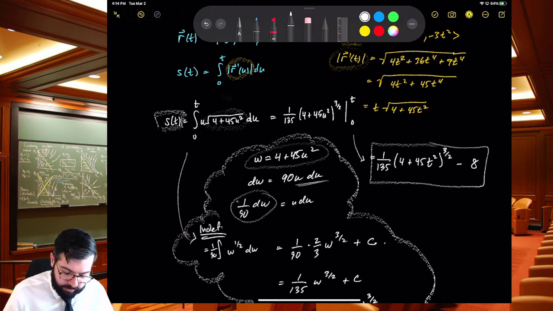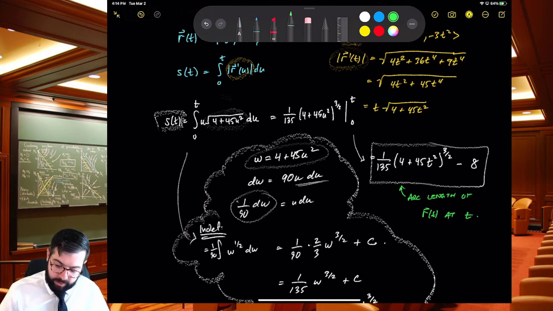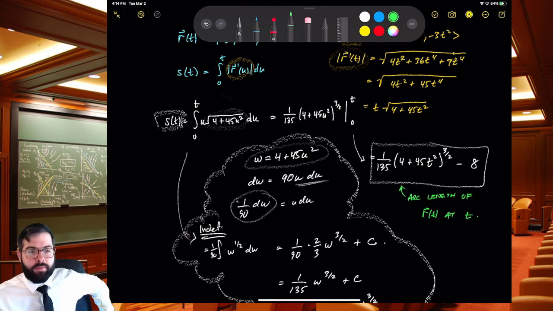So what does this tell us? It's the arc length of r of t at time t.